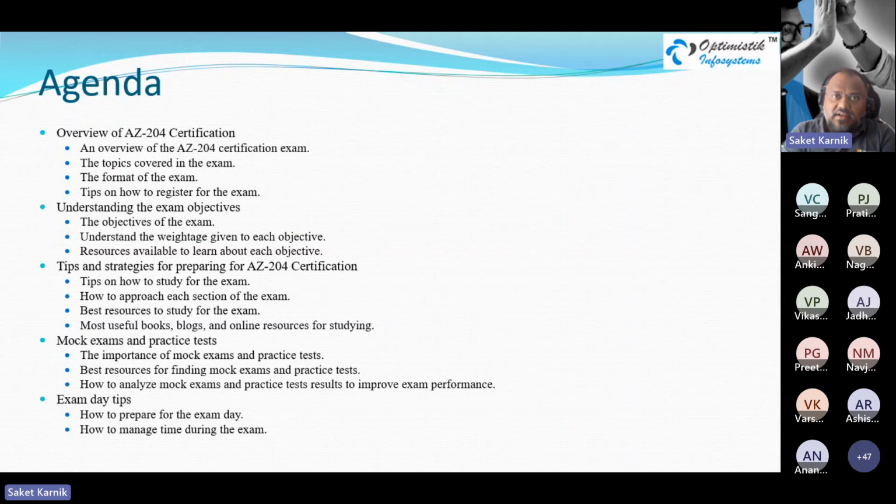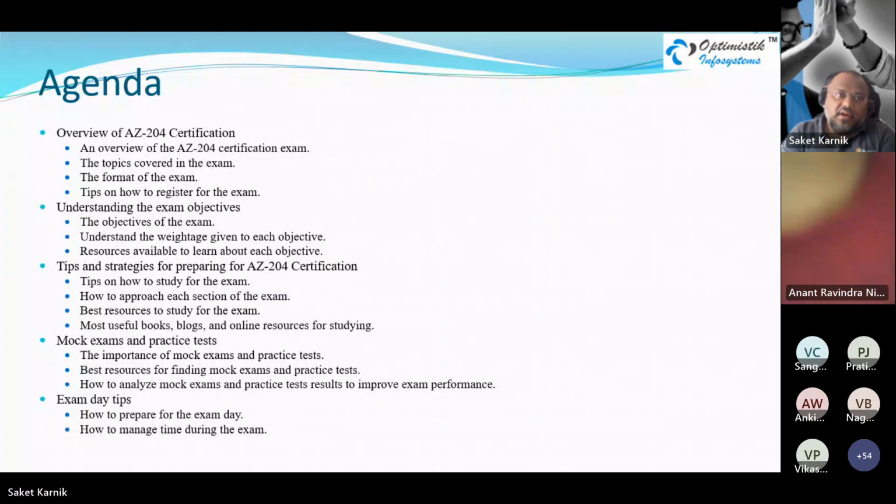This is the agenda we have, in case you have missed going through the same. Here we are going to see the overview of the AZ-204 certification, what exactly it is, what all things it targets, the topics that are covered in the exam, the format of the exam, tips on how to register for the exam, understanding the exam objectives.